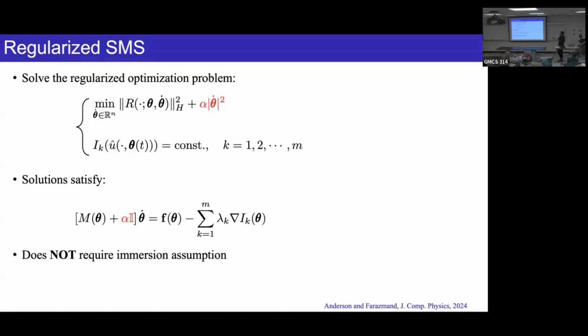Again, we can have constraints or no constraints, it doesn't matter in this case. The solutions get modified to these very similar looking equations, except that M is added with a scalar multiple of the identity matrix. By the way, if you make this assumption, then your approximate solution does not even have to be an emergent. The equations and the optimization problem are well defined even if that assumption is removed. And that has worked pretty well.